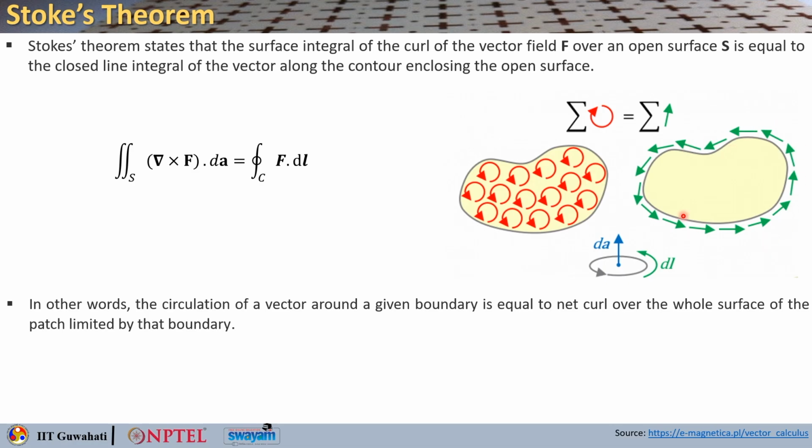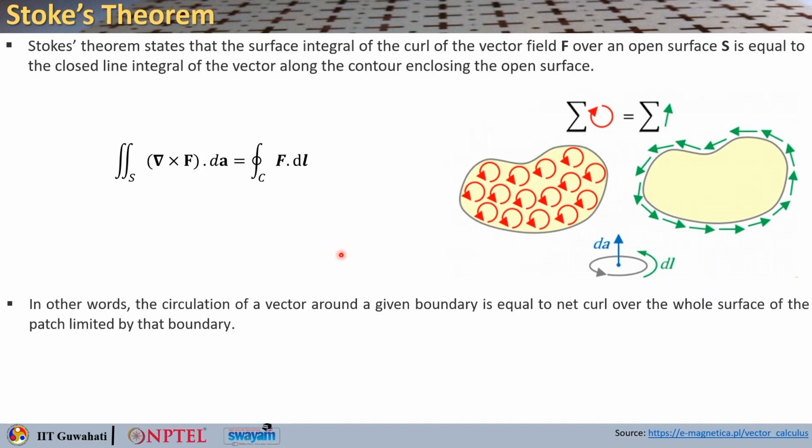So, it basically relates the surface integral of the curl of a vector to the line integral of the vector itself, right. In other words, the circulation of a vector around a given boundary is equal to the net curl over the whole surface of the patch limited by that boundary.